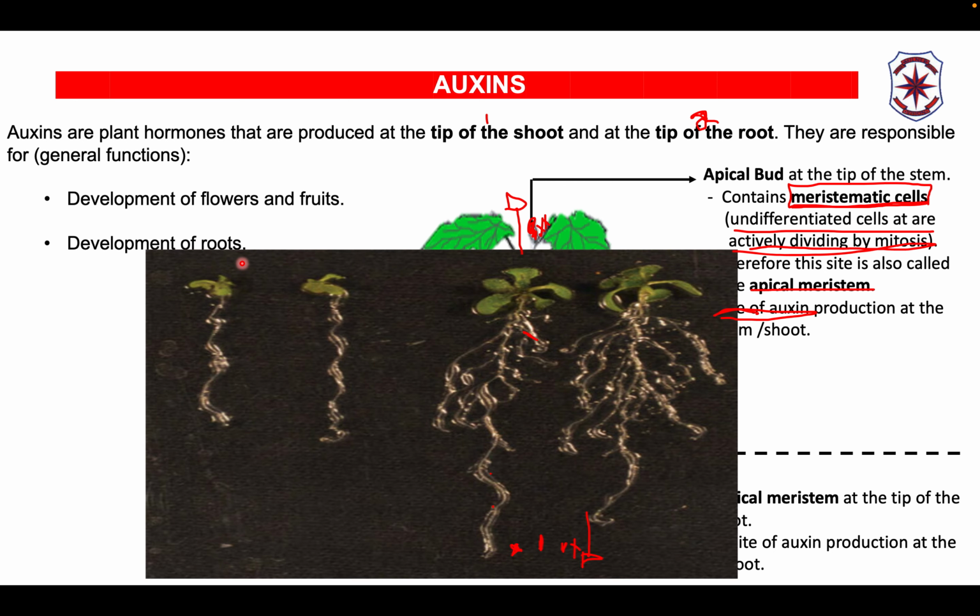As you can see, here is a seedling plant. The two plants had this one main root at the beginning, and as the auxins are produced there at the tip, they dissolve up, and then they will form these secondary roots, these adventitious roots from the main root, and that is under the influence of auxins.